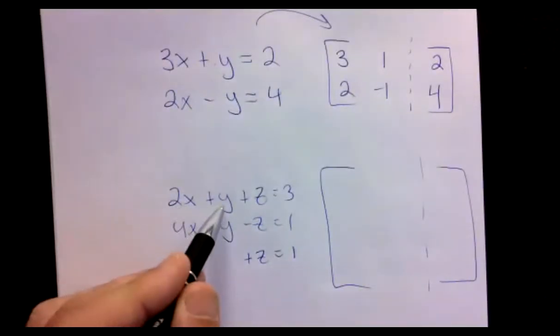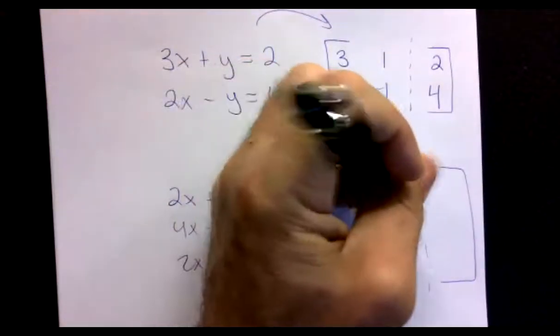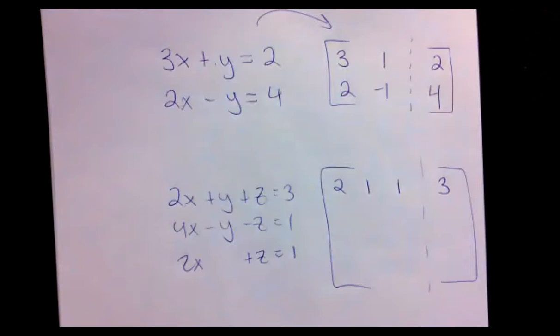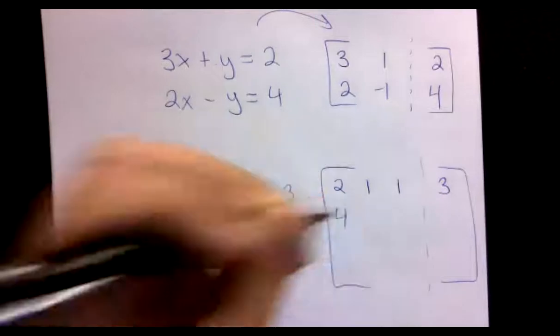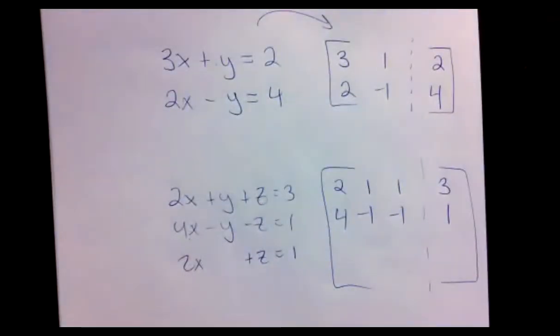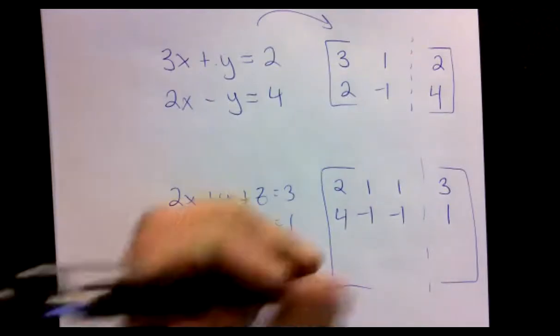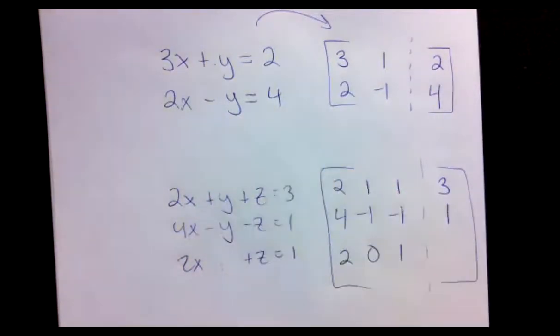So 2x plus 1y plus 1z equals 3 would be 2, 1, 1, 3. 4x minus 1y minus 1z equals 1 would be 4, negative 1, negative 1, 1. Again, if some term is missing, you need to put a 0 in as a placeholder. So this is 2 x's and then 0 y's and then 1 z equals 1.